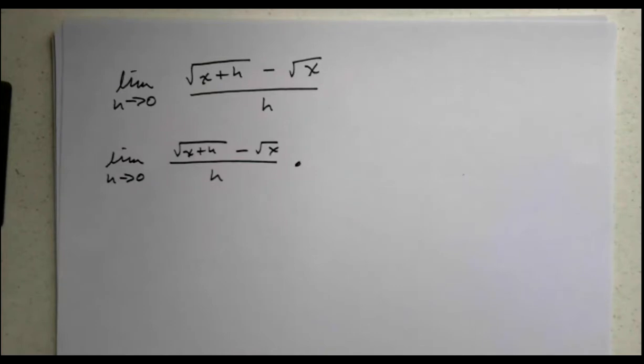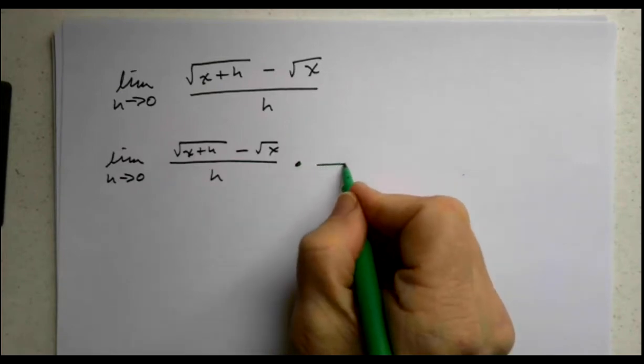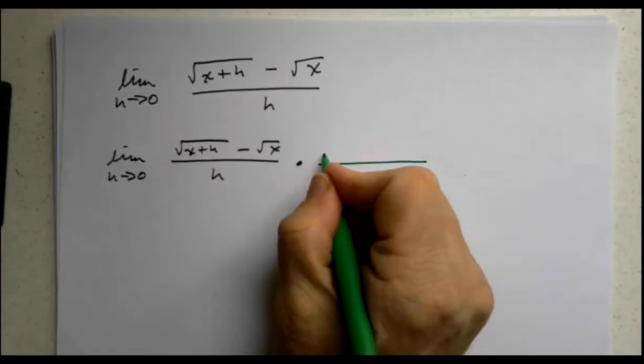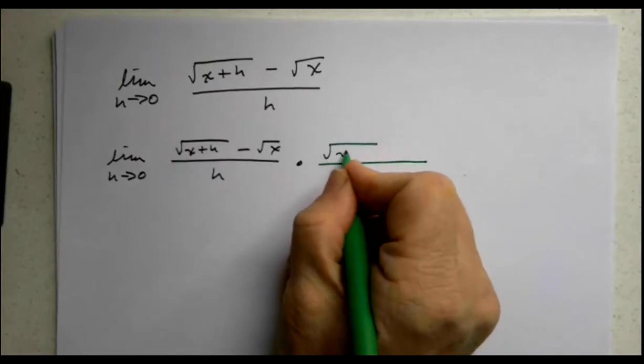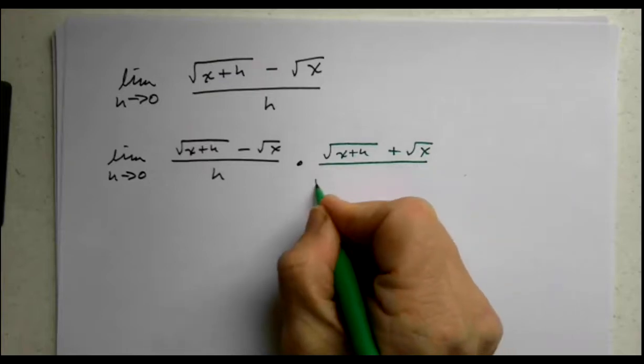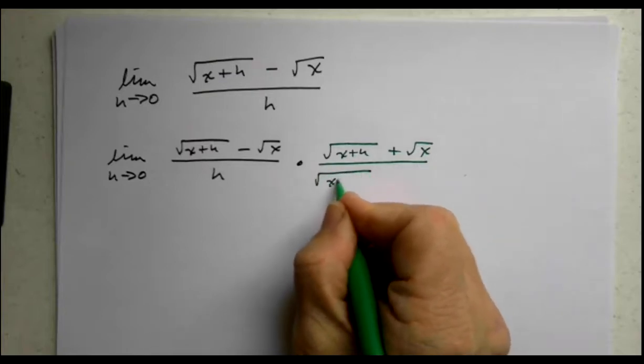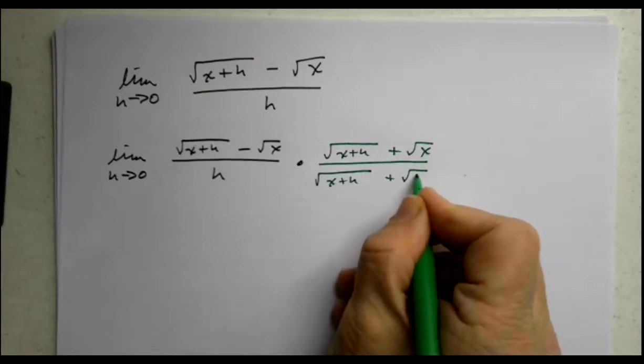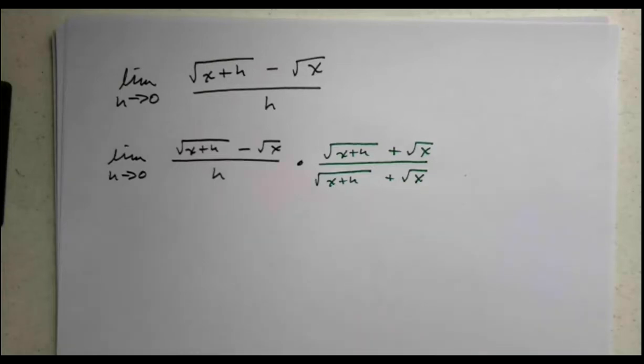Multiply top and bottom by the conjugate, which will be root x plus h plus root x here, root x plus h plus root x there. Then we need to multiply. So I'm going to use my multiplication box thing again and see what I get.